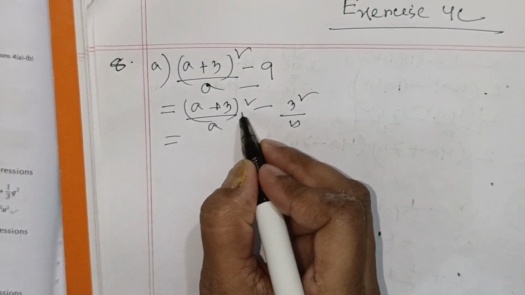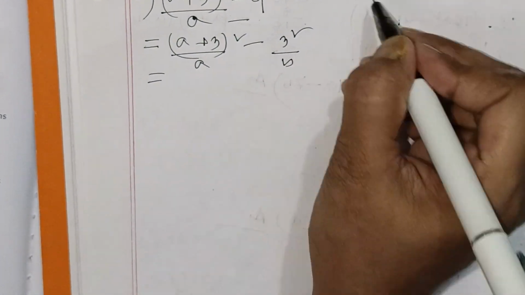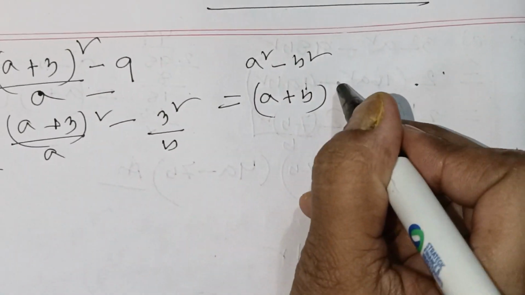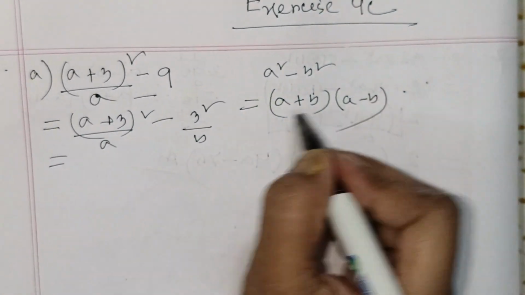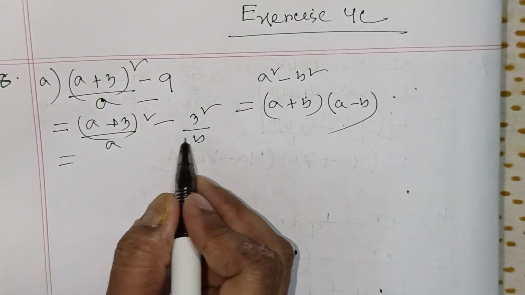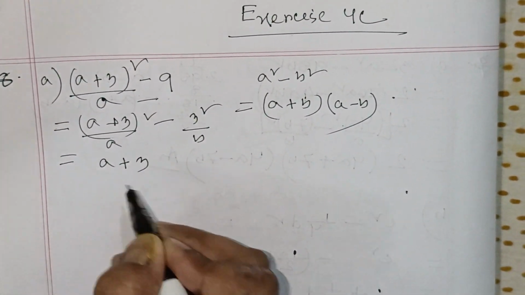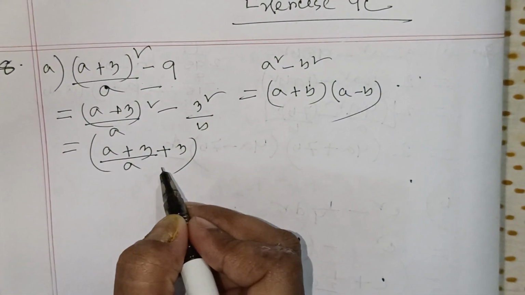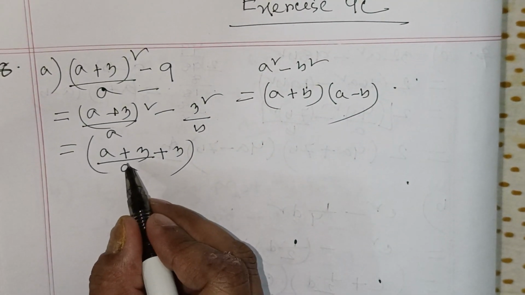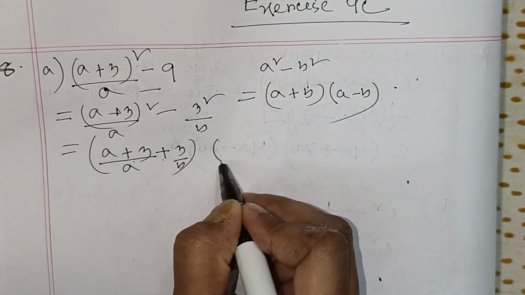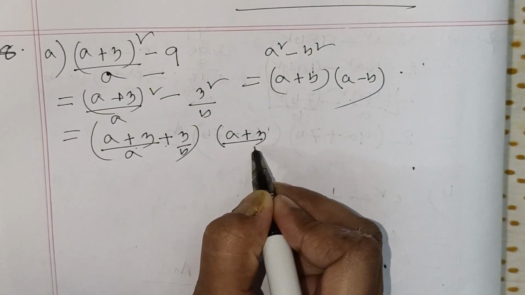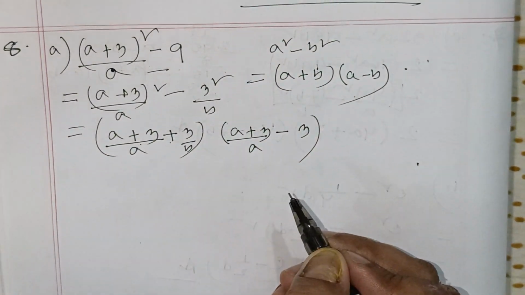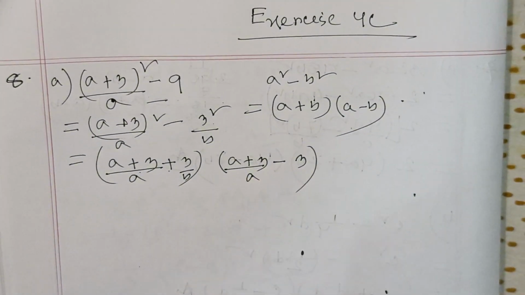Okay, so (a plus 3) I assume as a and 3 as b. So this one is a square minus b square, and the formula is (a plus b) into (a minus b). Use this formula here. a means a plus 3 in full form, and b means just 3. So a plus b, a plus 3 plus 3, and a minus b.